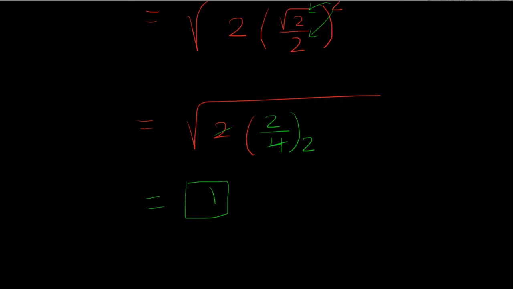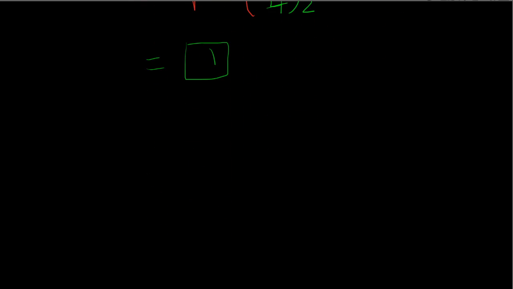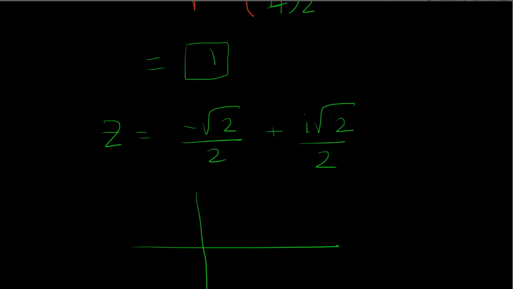Okay, now we're going to graph this. So I'm going to rewrite this. Okay, so this is the real axis. This is the imaginary axis. So the real part is negative, so that means we're going to the opposite side.